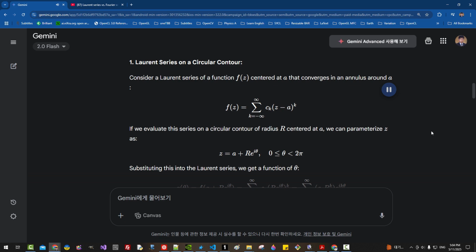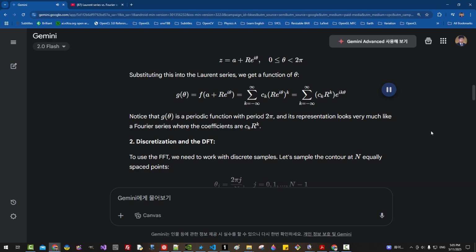If we evaluate this series on a circular contour of radius r centered at a, we can parameterize z as follows. Substituting this into the Laurent series, we get a function of theta. Notice that g(theta) is a periodic function with period 2π, and its representation looks very much like a Fourier series where the coefficients are c_k r^k.